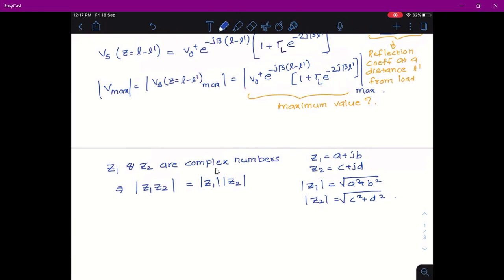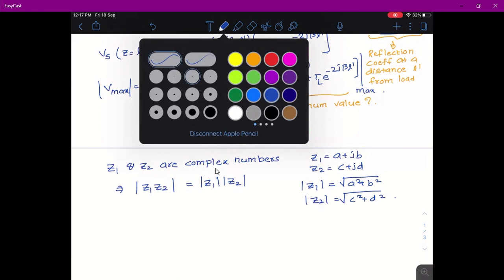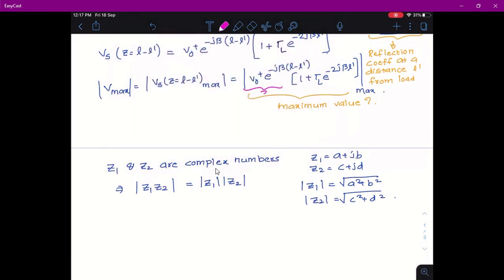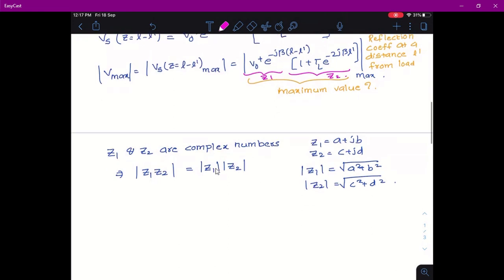So, I can write this as Z1 and this as Z2. So, V max is equal to the magnitude of e raised to minus j beta of L minus L dash multiplied by the magnitude of 1 plus tau L e raised to minus 2 j beta L dash.